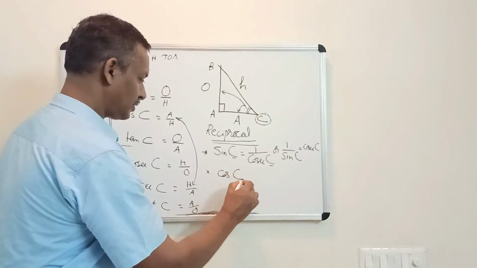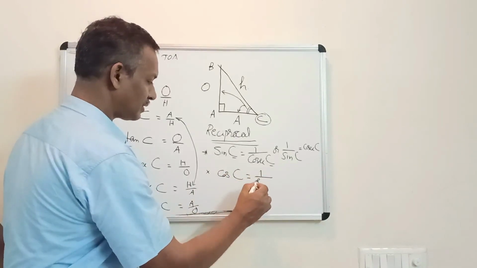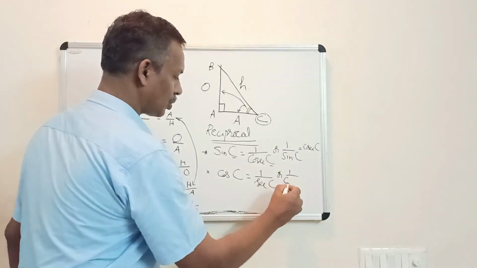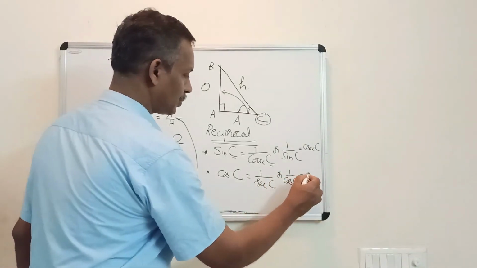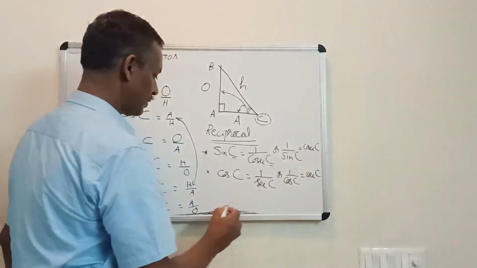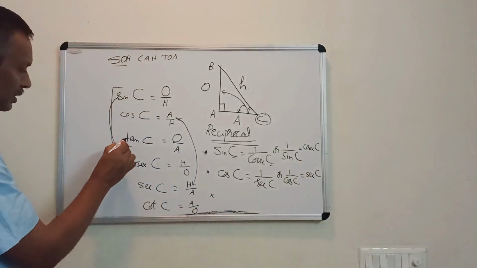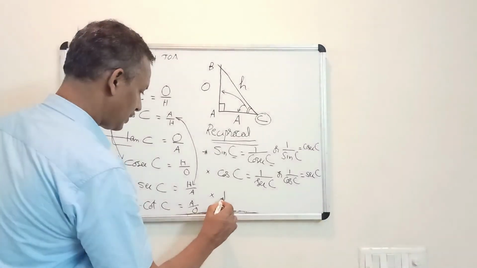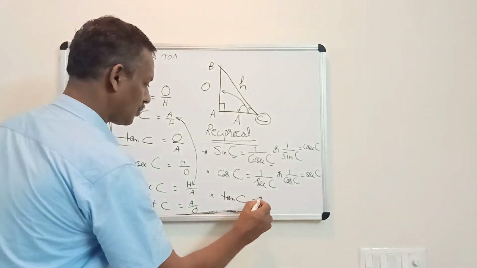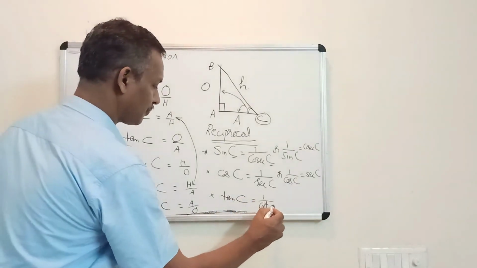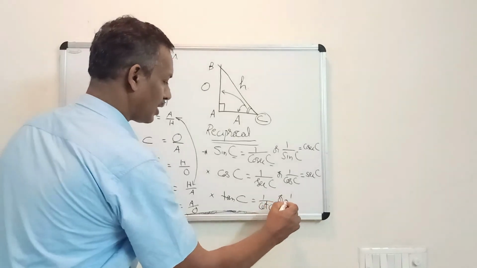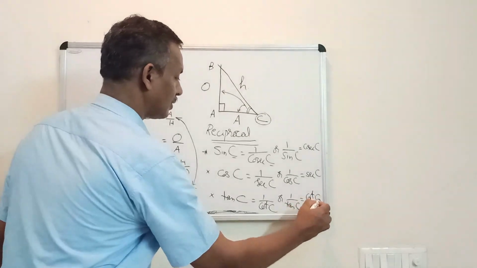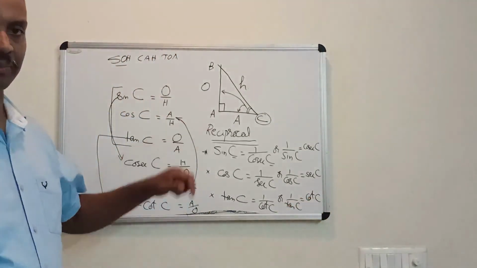Cos C is equal to 1 upon sec C, or 1 upon cos C is equal to sec C. The third one and the last one are reciprocals. So tan C is equal to 1 upon cot C, or 1 upon tan C is equal to cot C. So these are the three reciprocal relations.